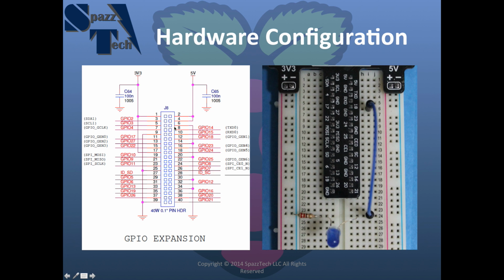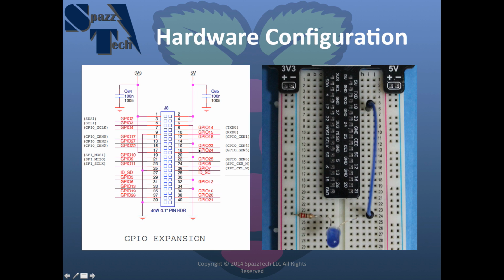If you haven't looked at many of these before, this box is labeled J8, and that represents the connector that we're actually plugged into on the board. Now connectors have pin numbers, and those are the numbers that you see here. They're numbered 1 through 40. So each pin of that connector has a number associated with it.